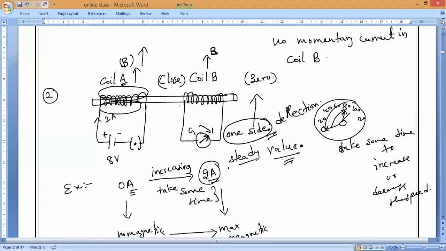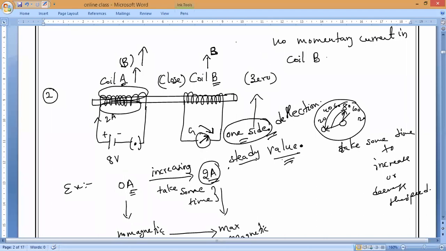By that time the field lines associated with coil B also keep on increasing. That increasing magnetic field induces the potential difference in coil B, and the induced potential difference induces the current also. Because of that induced current only, a momentary deflection takes place to one side.